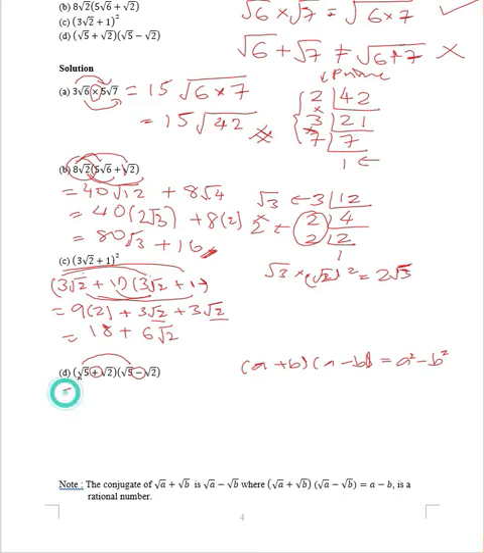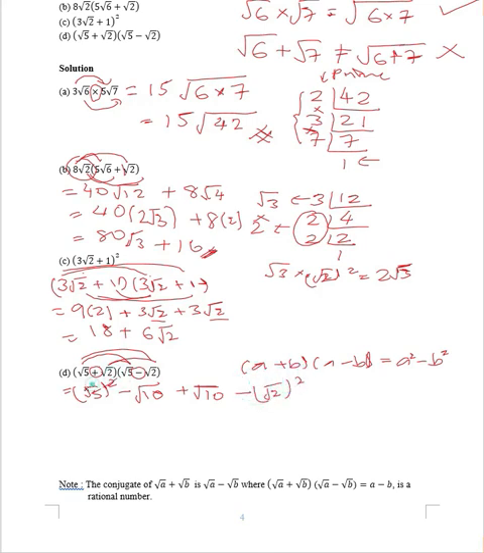Okay, if you don't believe me, you can just try it out. Root 5 times root 5 is just root 25, or you can also write it as root 5 squared. And then root 5 times minus root 2 is just going to be root 10, plus with root 2 times root 5 is just root 10, and then lastly root 2 times root 2 is just root 2 squared.